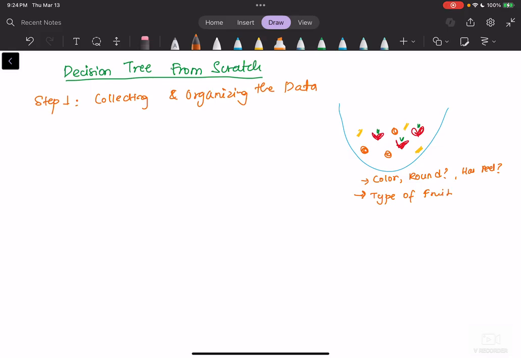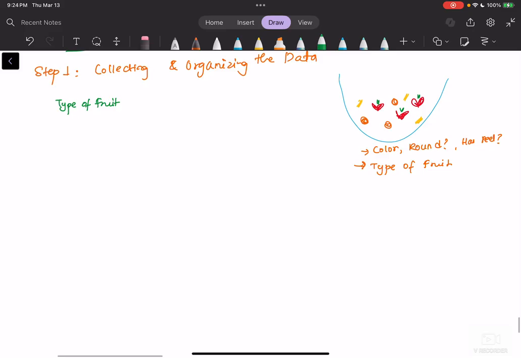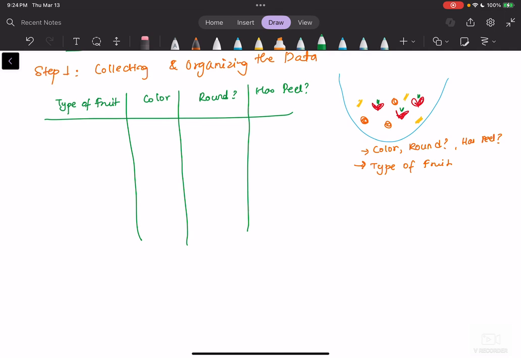That's what we're trying to predict at the end of the day. So it's just type of fruit. So when we are organizing the data, then our data set is going to look something like this. So type of fruit, and then color, round, has peel, right? That is basically what it is going to look like. And then let's go in and add some data.